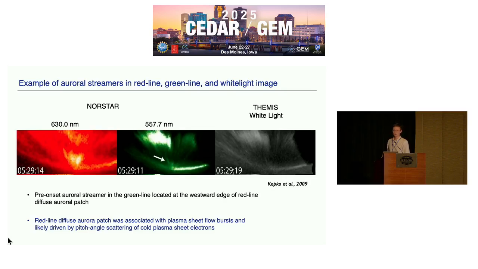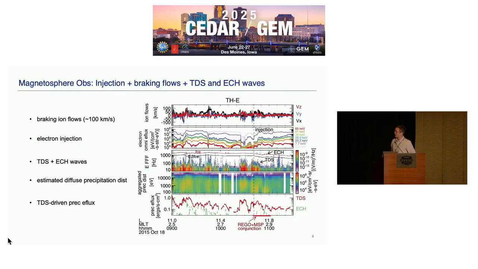They have a conjunction observation in the magnetosphere, and they hypothesized that this red line auroral patch was driven by pitch angle scattering of cold plasma sheet electrons. So I'm going to show some observations supporting the idea of red line auroral streamers from wave-particle interactions.